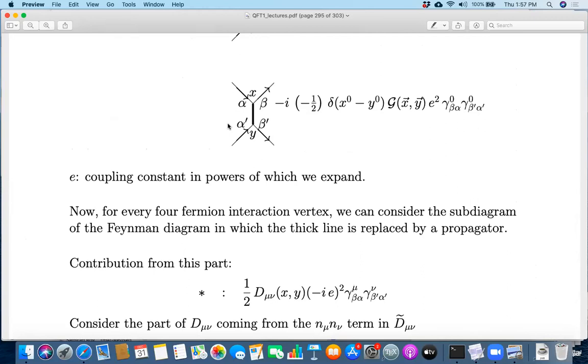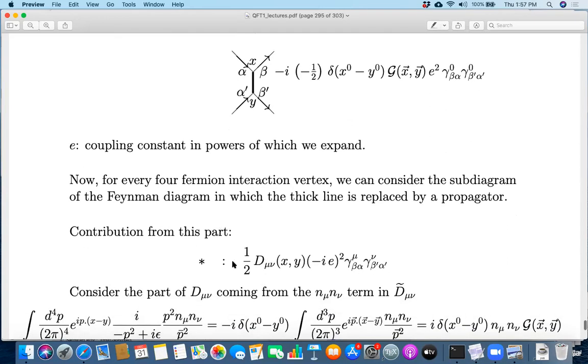Essentially what you show is that the combinatoric factor associated with the rest of the diagram is common between the 2 diagrams, so it can be factored out. And then the relevant part, where you have to combine them, basically has this extra factor of half between these 2 lines.